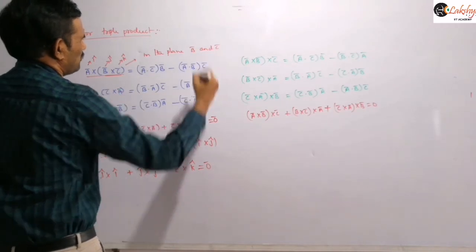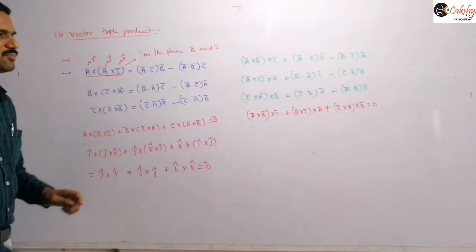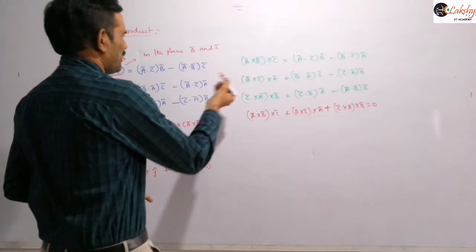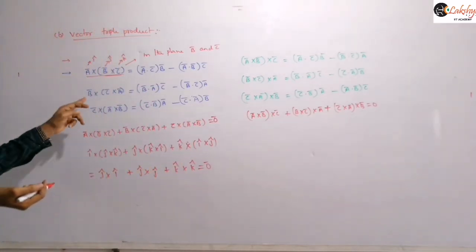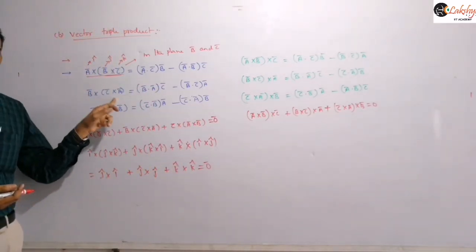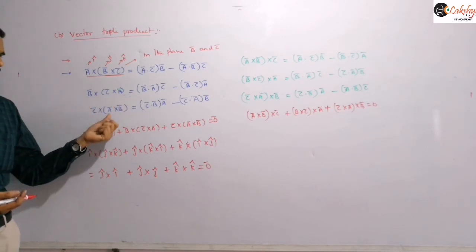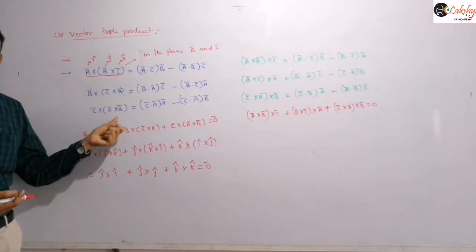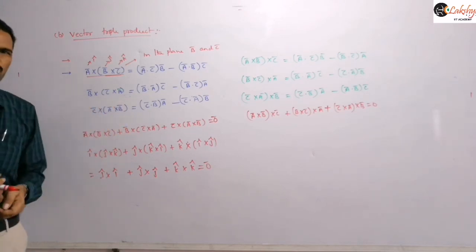Similarly, for the remaining ones: if you are taking this vector, then the resulting vector lies in the plane of c bar and a bar, and if you are taking this vector, then the resulting vector lies in the plane of a bar and b bar.